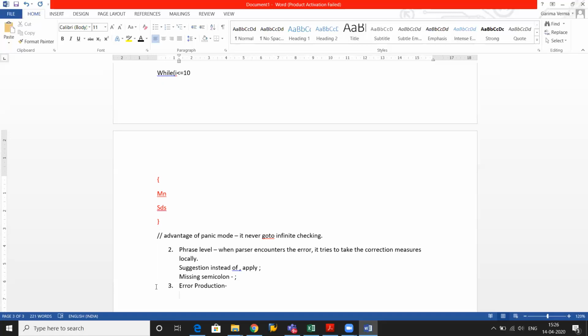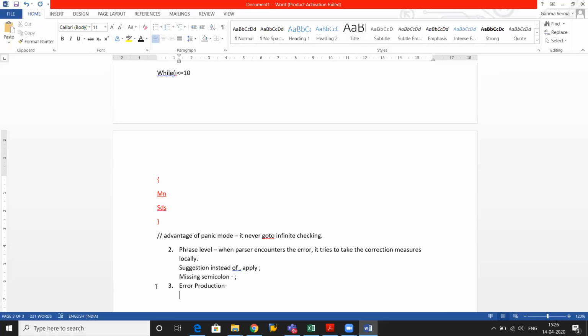Right. So if in case you have made the same error in the program, the particular error production will be matched, and whatever message is written with the error production will be reported to the user. Right. Now let's take one example.